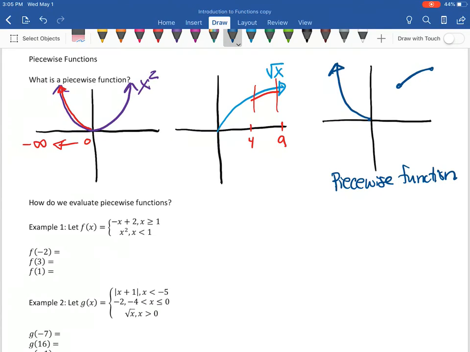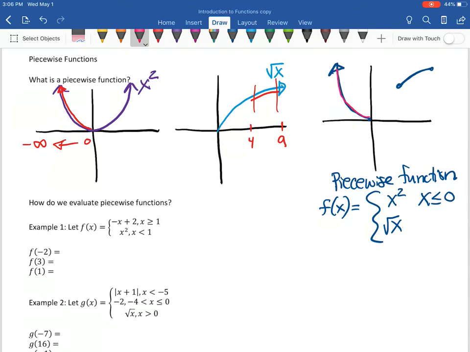Now, the formula for that would look something like this. I list my pieces, which would be x squared and the square root of x, and then next to that I would describe the interval on which I kept that piece, the piece that I drew. So for the x squared function, I kept everything that was less than or equal to 0. That's this piece here.